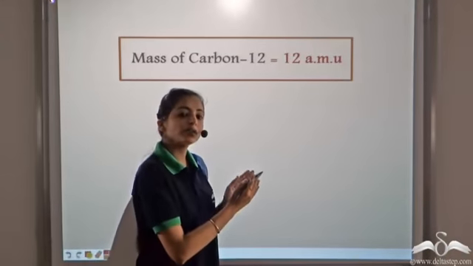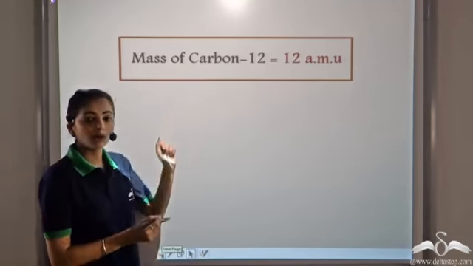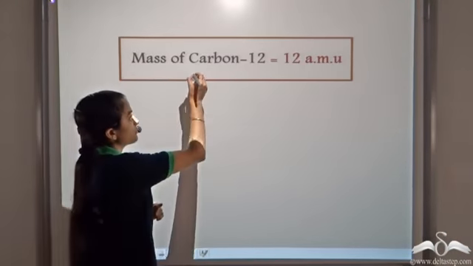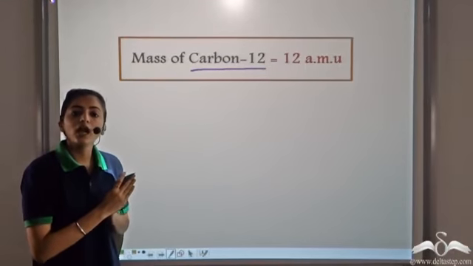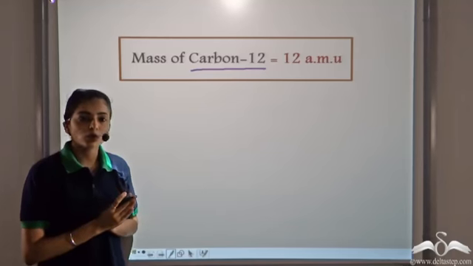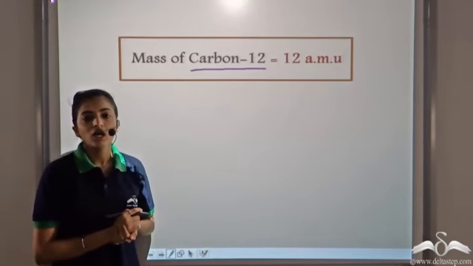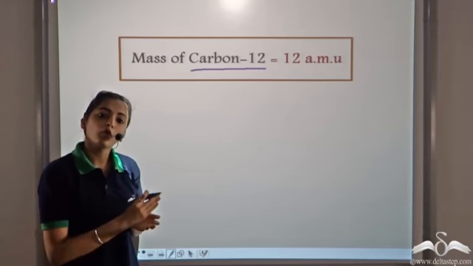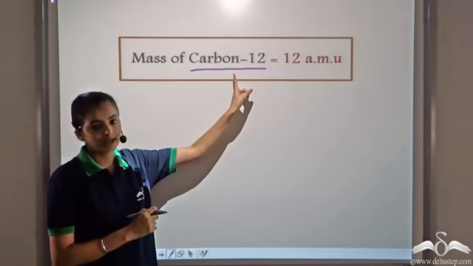It is 12 times heavier than one hydrogen atom, and this carbon 12 is taken as the reference to calculate the relative atomic mass of the other elements. This is because carbon easily reacts with most of the elements, and finding the atomic masses of all the other elements becomes easier when we take carbon 12 as the reference.